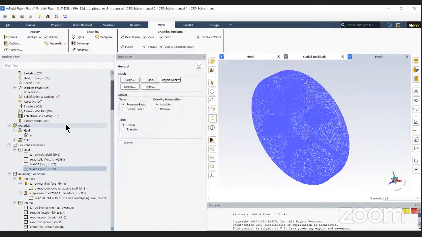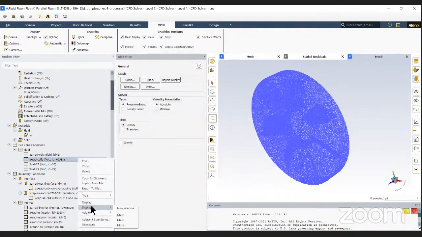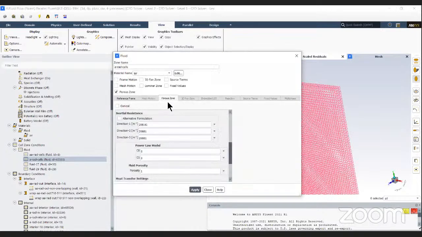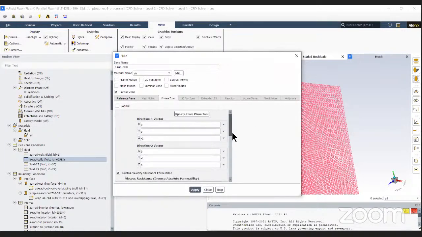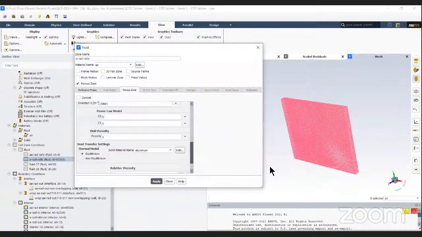Okay. So coming back to my radiator zone, sorry. The first thing that we do is we make sure that this is assigned as a porous zone. Why? Because this is not just an internal zone without any restriction. As the air passes through it, it is going to be restricted because of the actual presence of fins and other geometries, right?